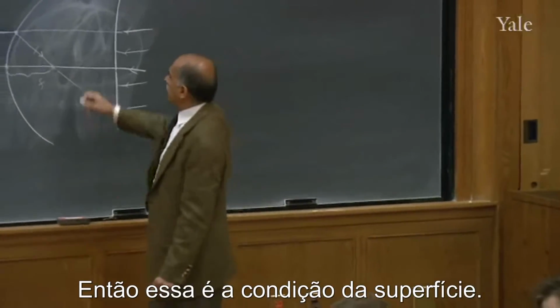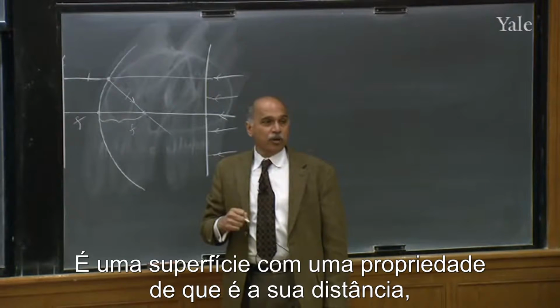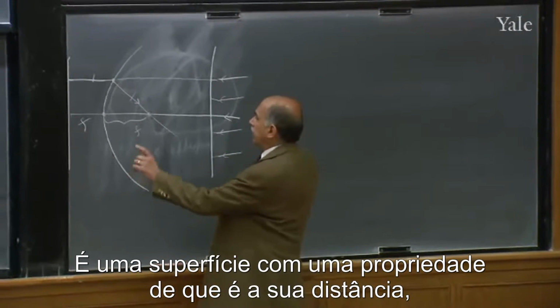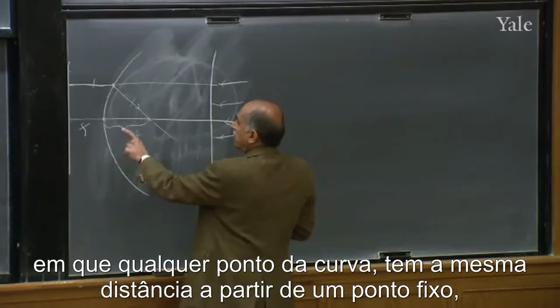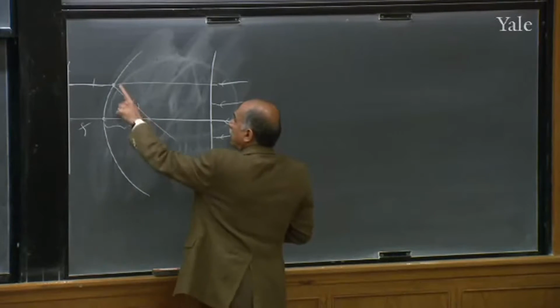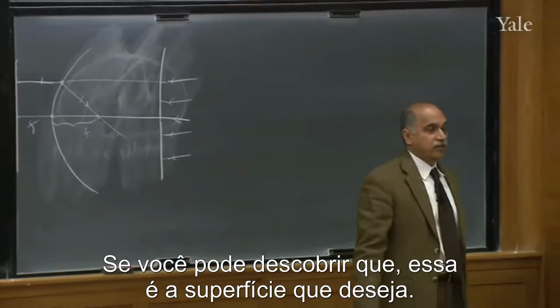So that's the condition of the surface. It is a surface with the property that any point on that curve has the same distance from a fixed point as from a fixed line. If you can find that, that's the surface you want.